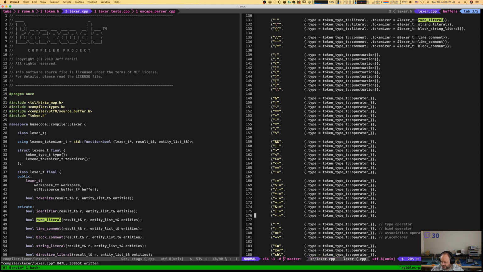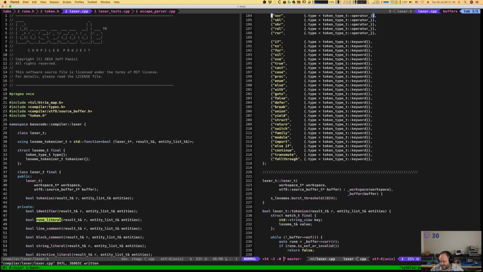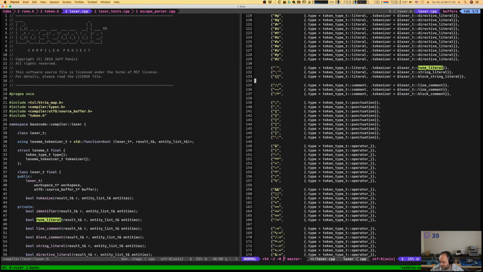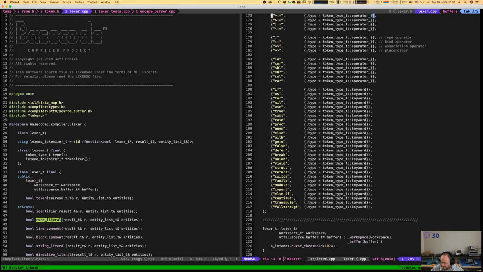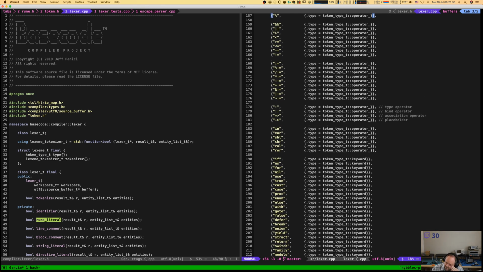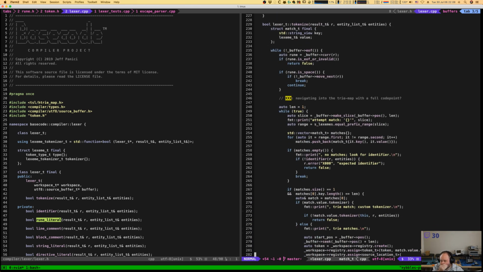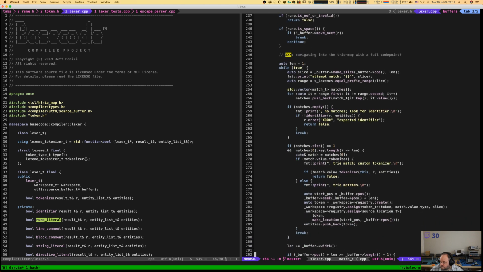The way I did this in the old one was the multi-map was ordered, so I could put the more specific tokens in front of the least specific tokens. In this case, that's not really viable. All right, let me think about this.